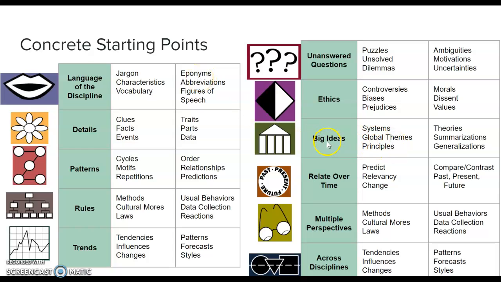Same with big ideas. If I'm asking students to examine big ideas, I'm expecting them to look at systems and global themes, principles, generalizations, theories, summarizations. So I take time in my own teaching to build in all of the synonyms that go with each of the icons.